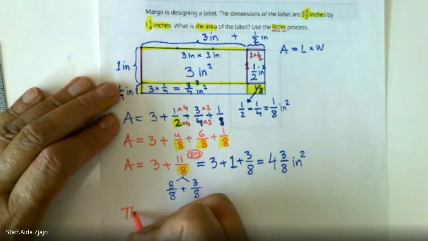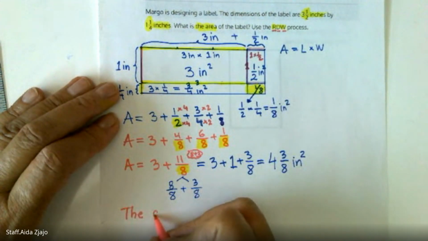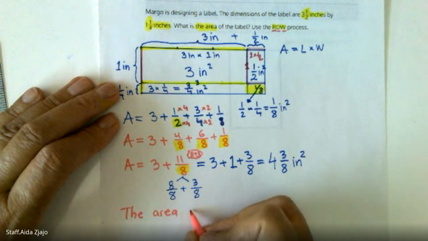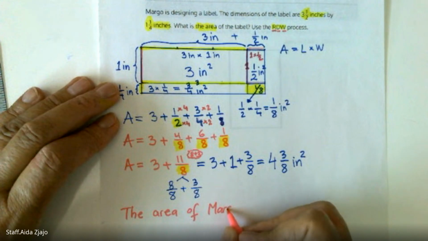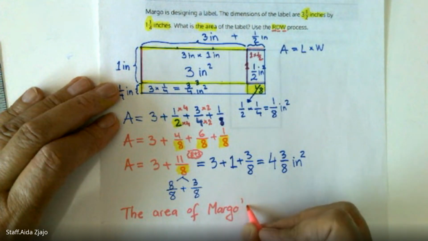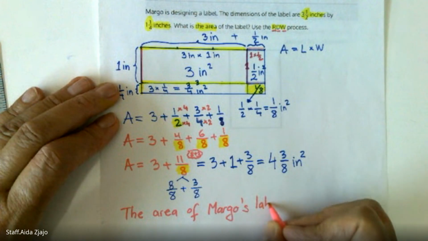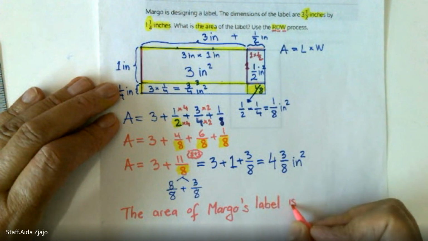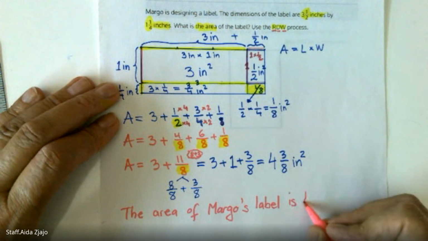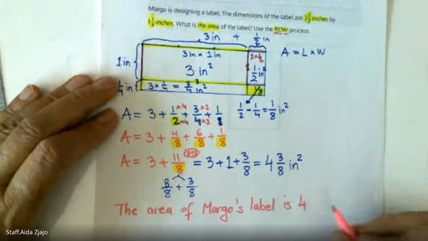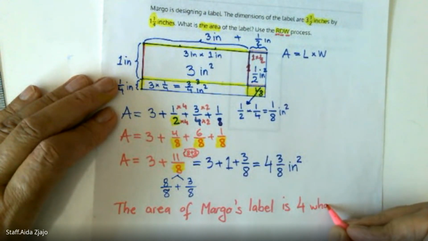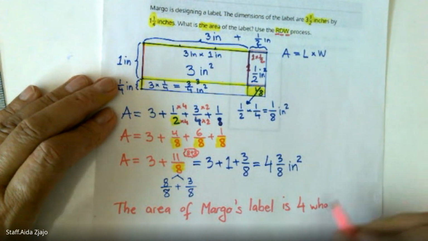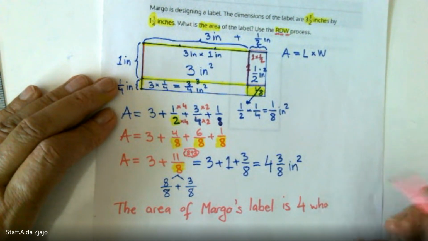The area of Margot's label is 4 whole inches. Or I can just write 4. It's okay.